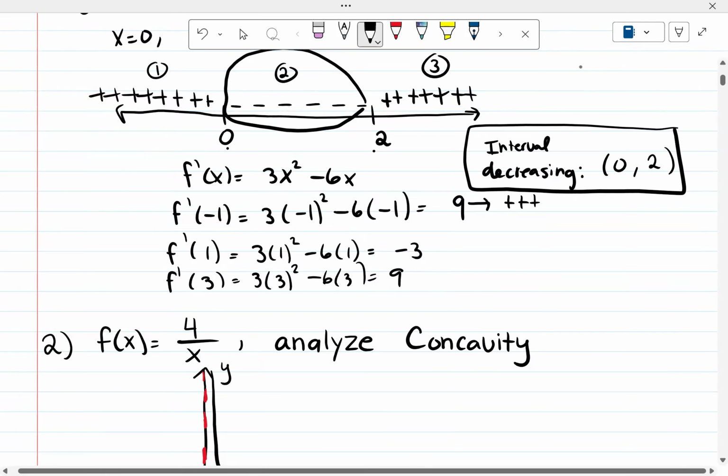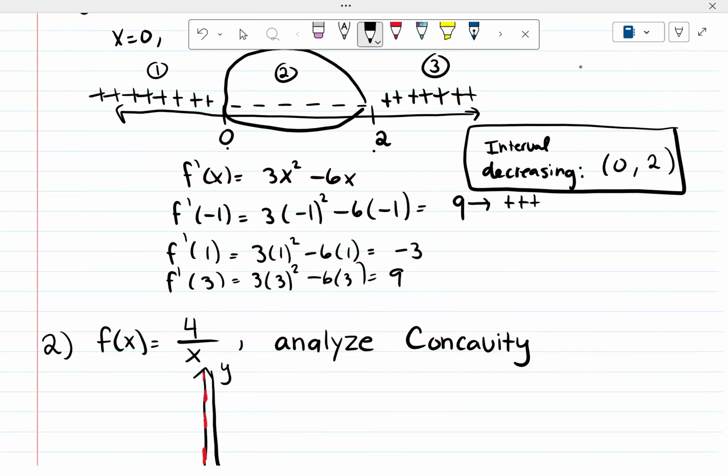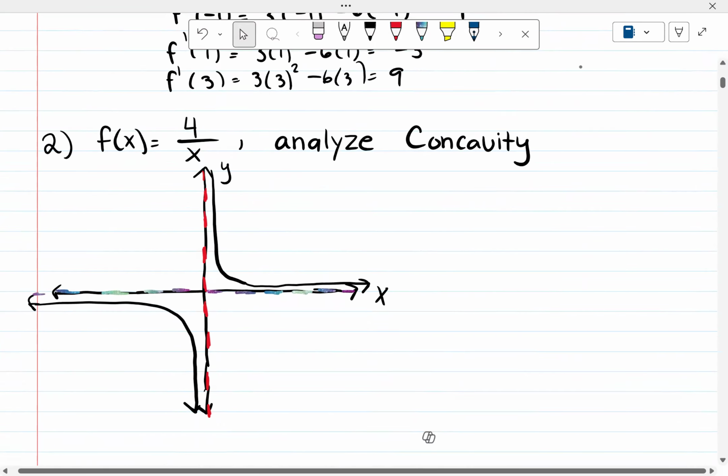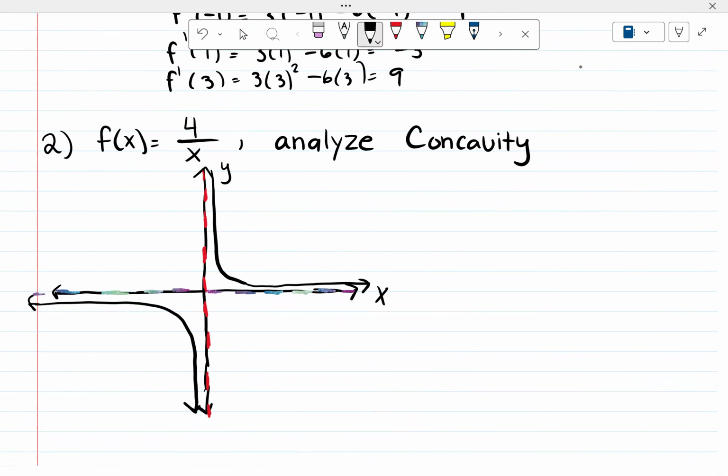Let's move on to question two. Here in question two, they give us a graph, and the graph is f of x equals 4 of x. It would look something like this. I don't know if you can see the different dashed lines. There's a red dashed line here, and then a rainbow dashed line here.